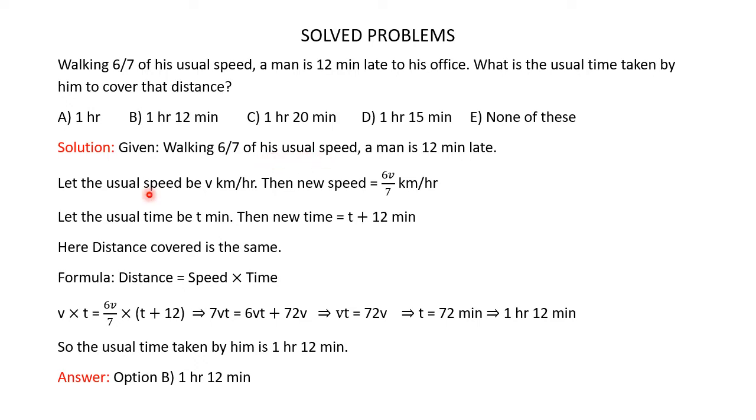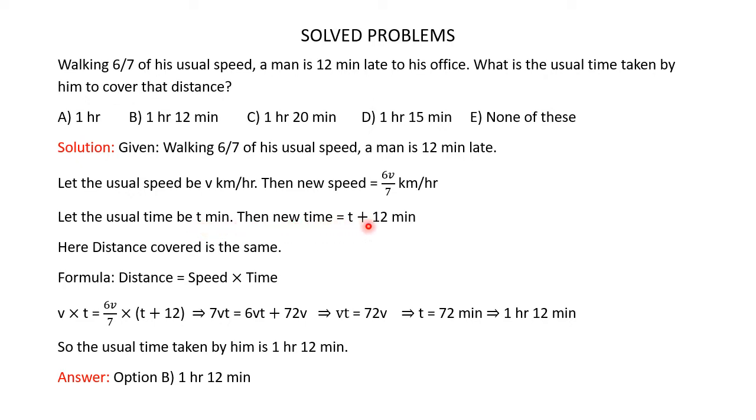So let's assume that the usual speed is v kilometers per hour. Then the new speed is 6/7 of the usual speed, which means 6v by 7 kilometers per hour. We do not know the usual time taken by the man to cover the distance. So let's assume that the usual time is t minutes.